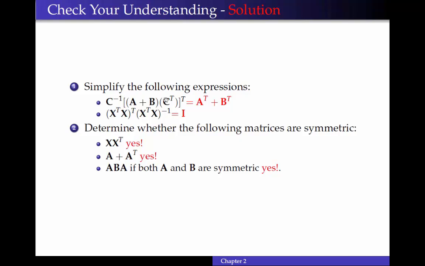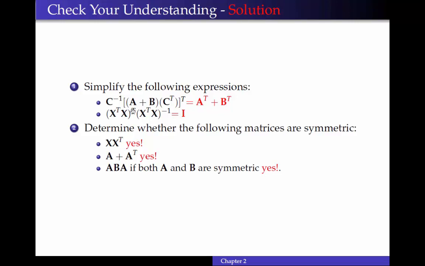For this first expression, you can see the reverse order law is going to move this C transpose. It's going to make it a C and move it to this side of the product. And then multiplying it by C inverse, that will go away. And so I have just the transpose of the A plus B left.